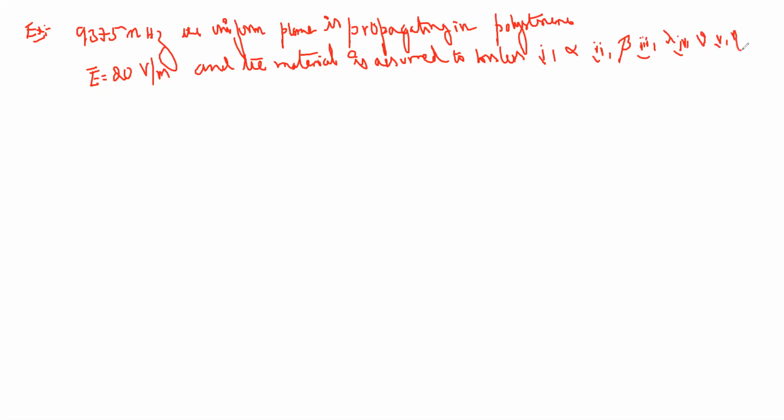The fifth one is the intrinsic impedance. Sixth, the propagation constant gamma. And seventh, the amplitude of the magnetic field intensity.